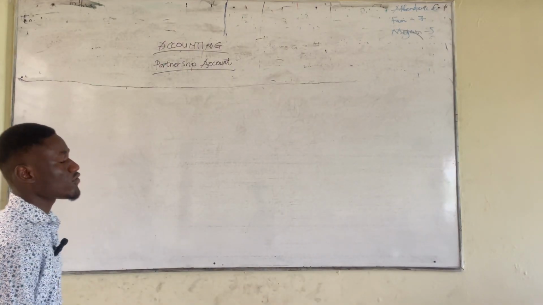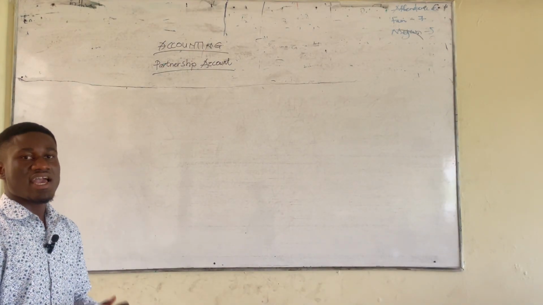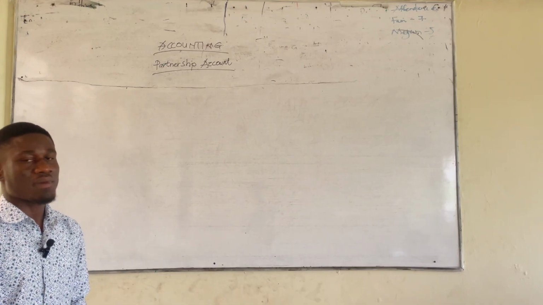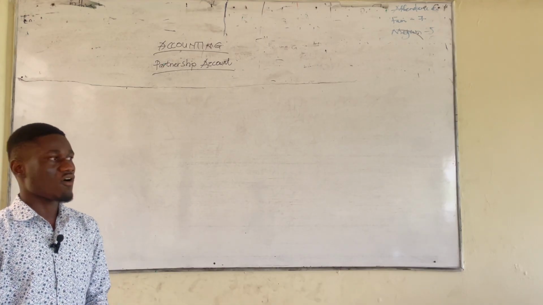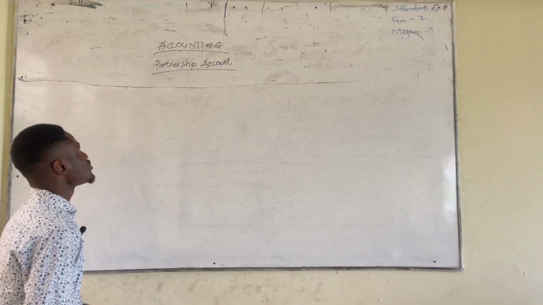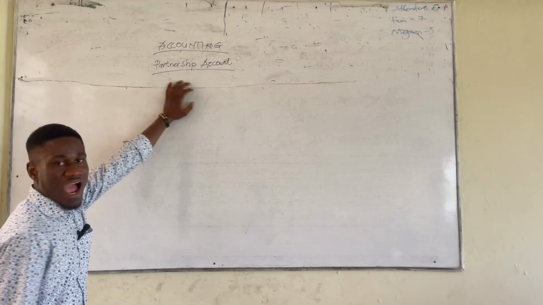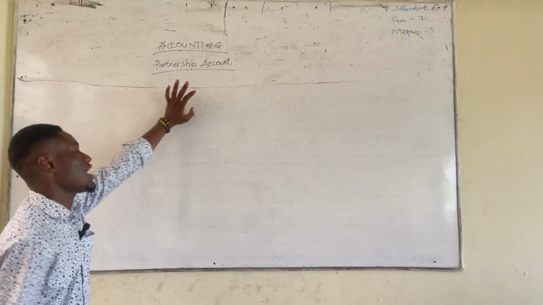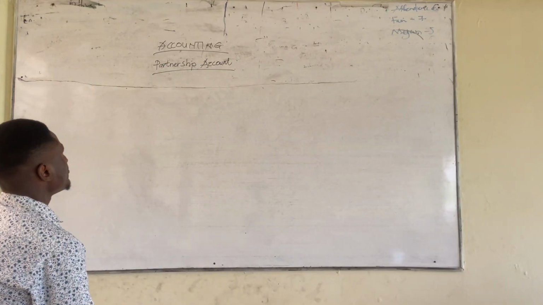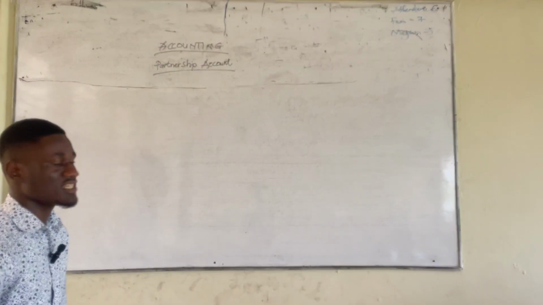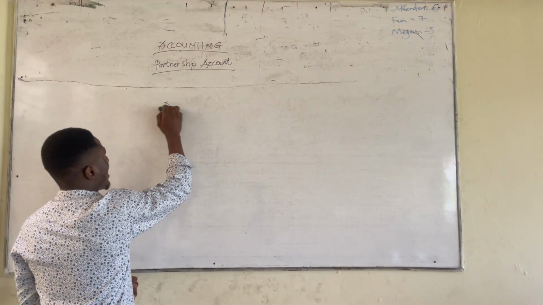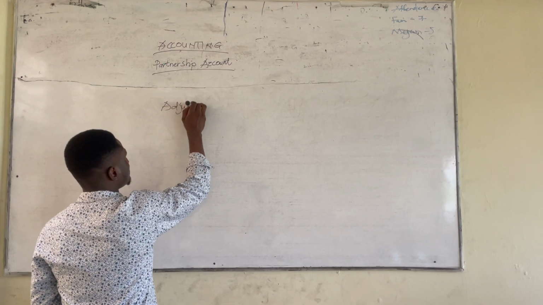First of all, as we said, partnership is the formation of a business by two or more people with the aim of making a profit. And in the practical aspects of partnership accounting, you may be asked to adjust the net profit.